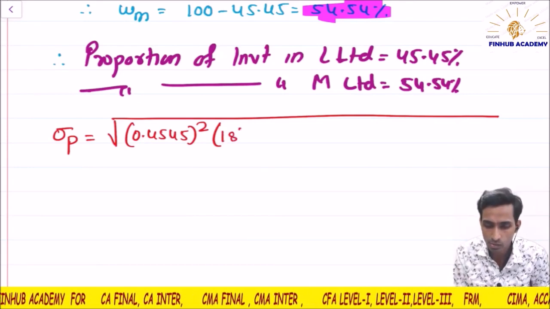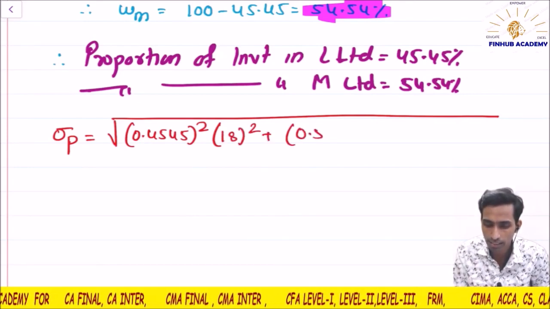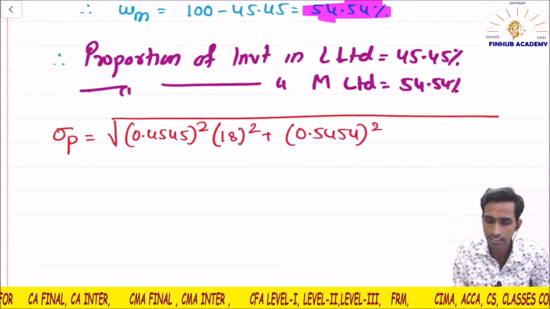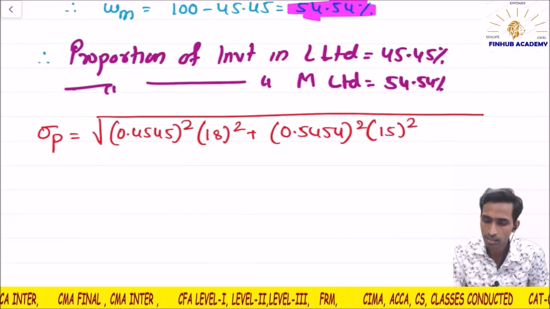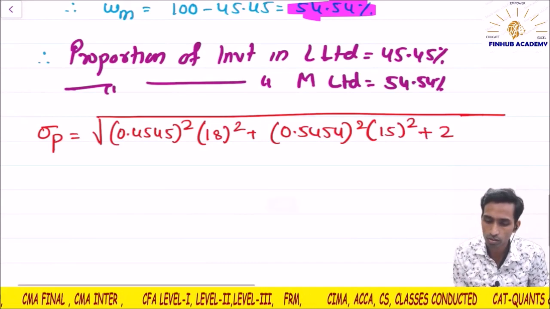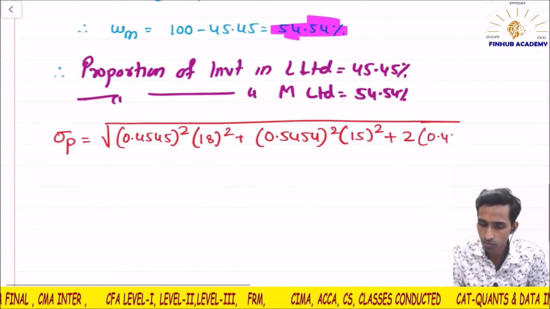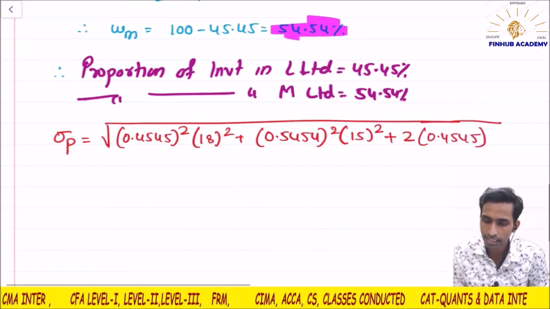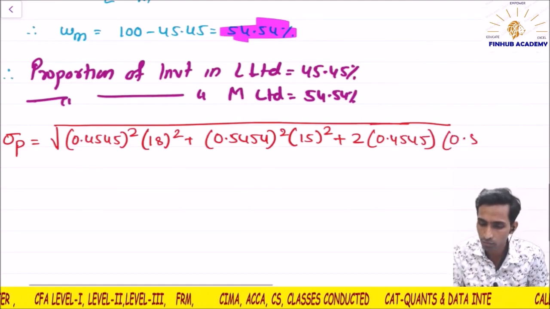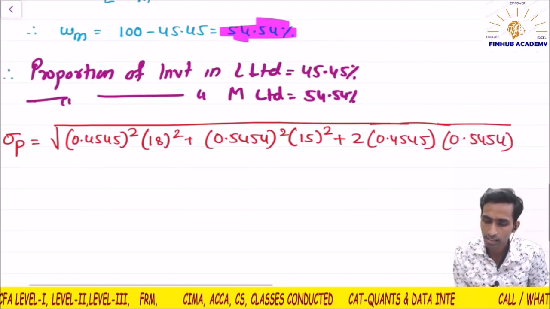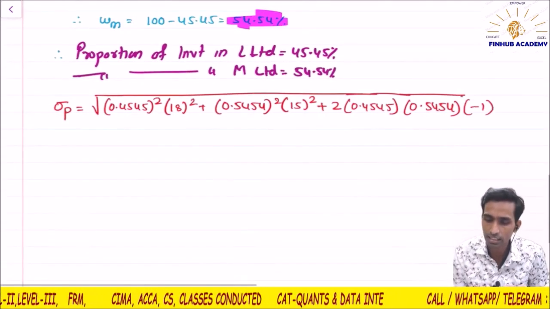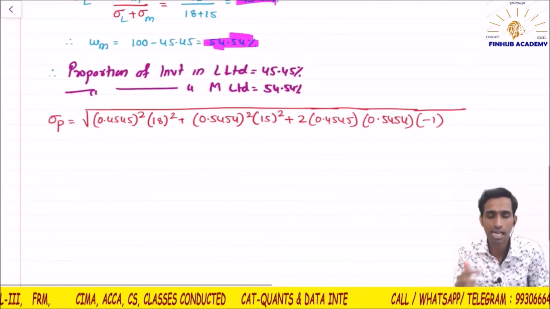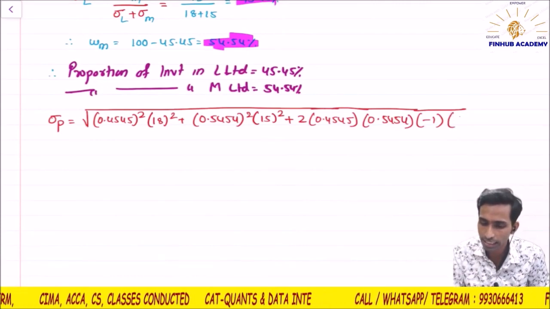Okay, 18 square plus 0.5454 square into how much? 15 square plus 2 into 0.4545, into 0.5454, into R. Right now R is -1. I don't have COV, so I will apply R formula, -1 into 18 into 15.